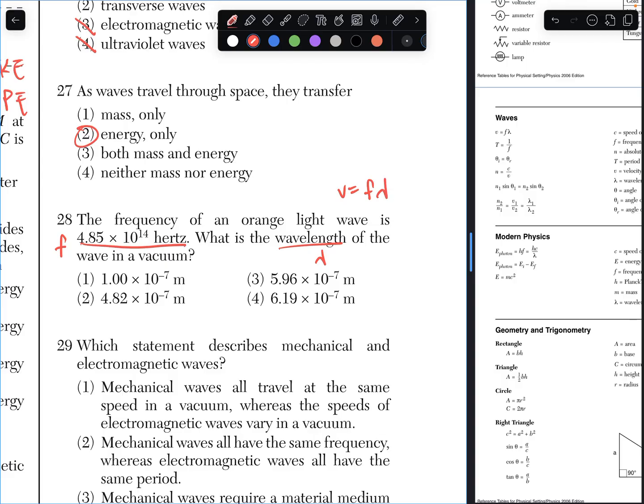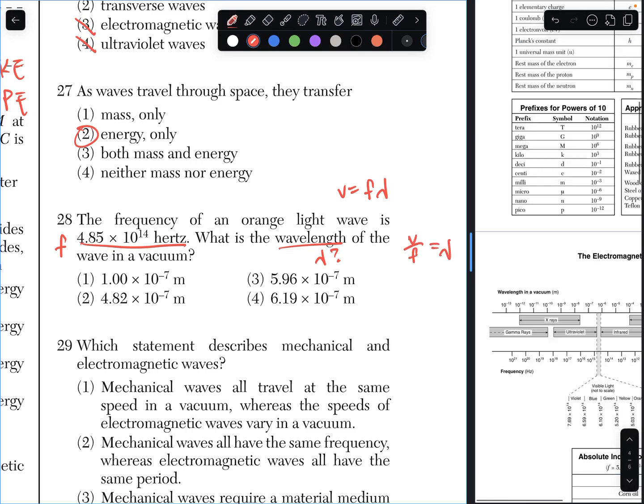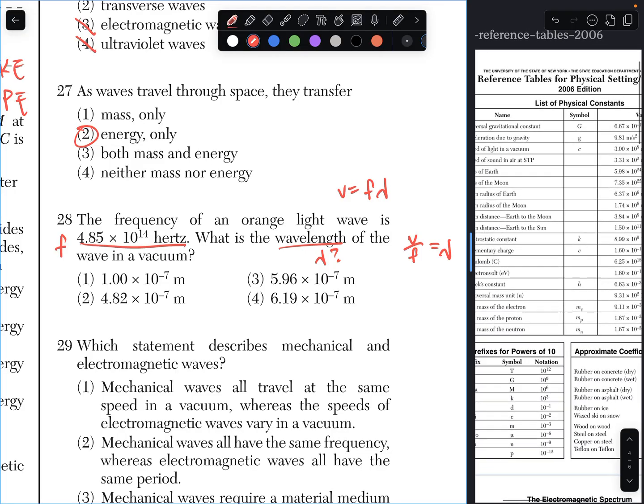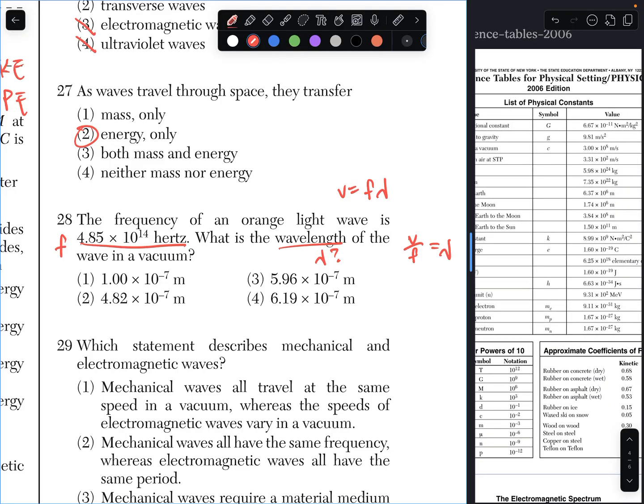So we're solving for wavelength: v over f is equal to the wavelength, and the speed of light in a vacuum is the constant c, which is 3E8. So it's 3E8 divided by the frequency, which is 4.85E14. So it will be 6.1855E-7. So the answer is choice 4.